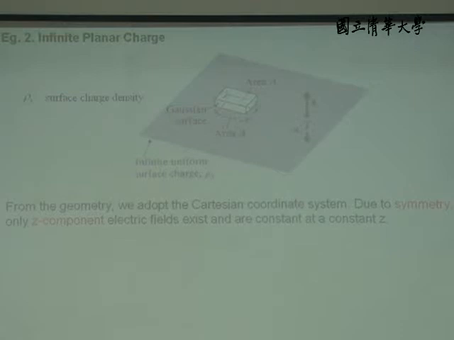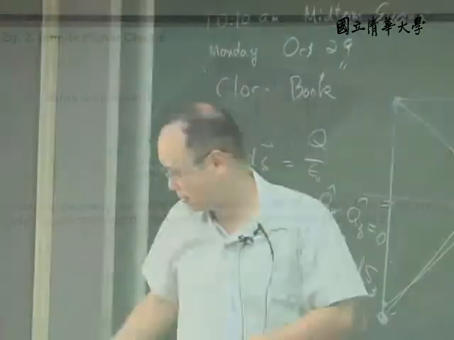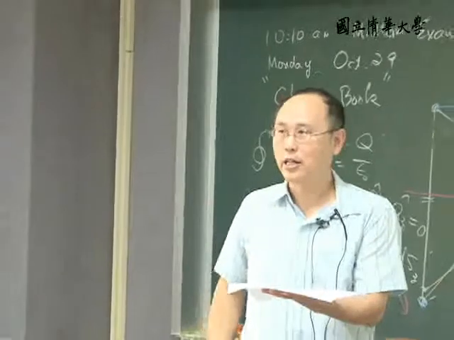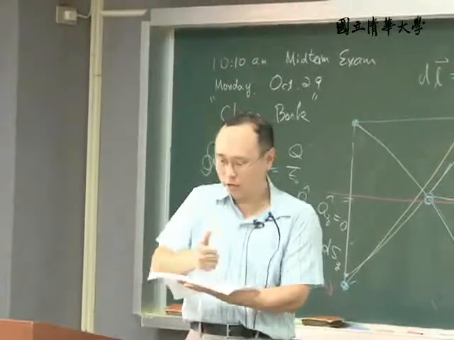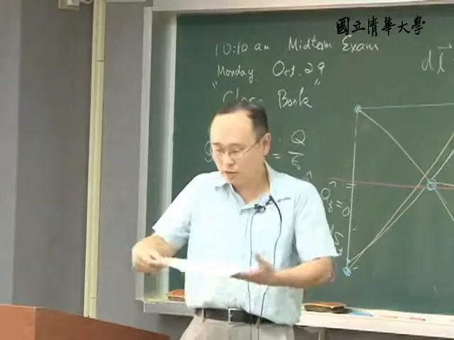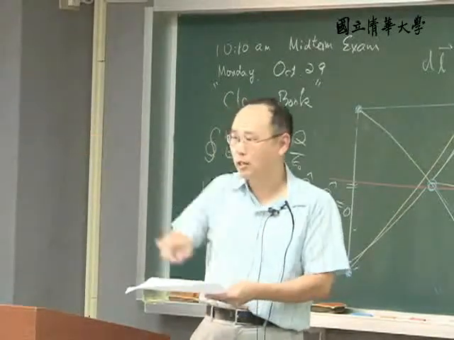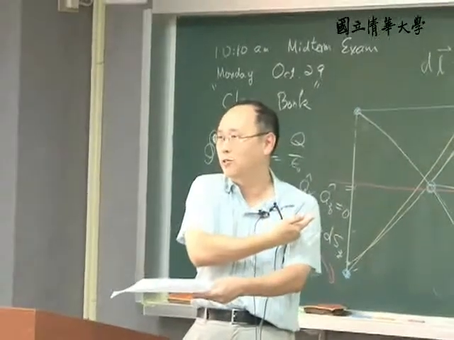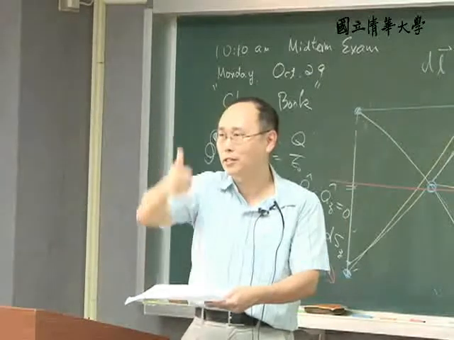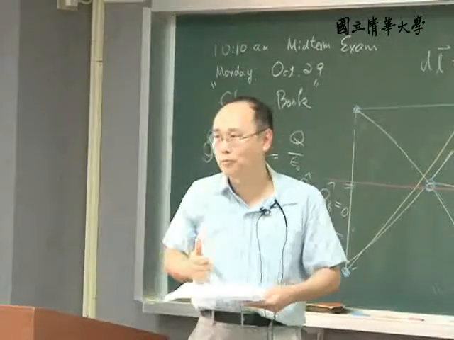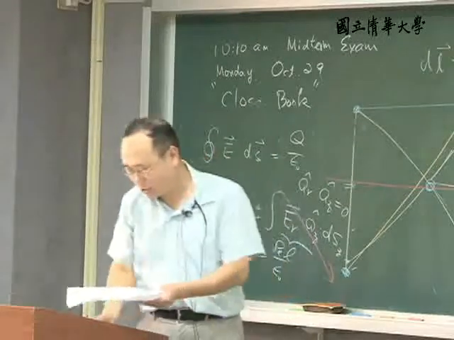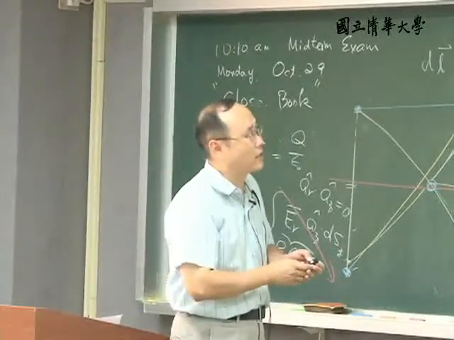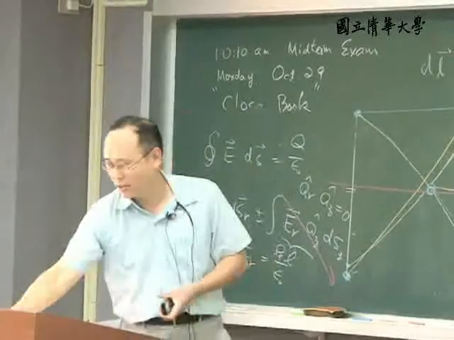Suppose you have an infinite plane, very very big, with a uniform charge density of rho s. On this plane, the direction of the electric field has to be normal to the surface. Because it is infinite, if you told me there is a slanted electric field here, I would say there is the same chance of one in another direction. As a result, the only electric field is along the surface normal.